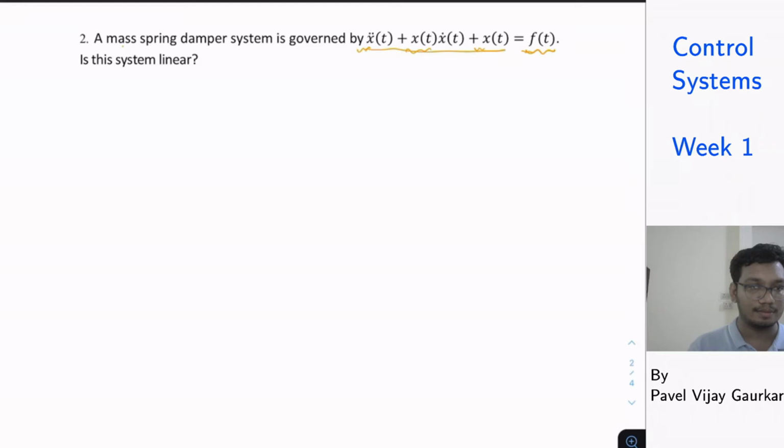In this particular way of thinking, we just need one argument to prove that it is a non-linear system.